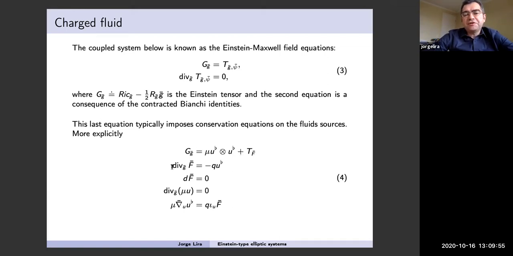You have some sort of Maxwell equation here. So we have the pair of Maxwell equations, which is familiar from the classical electromagnetism. So the first three equations correspond to Einstein equations and Maxwell equations. So that's why you call the system Einstein-Maxwell.